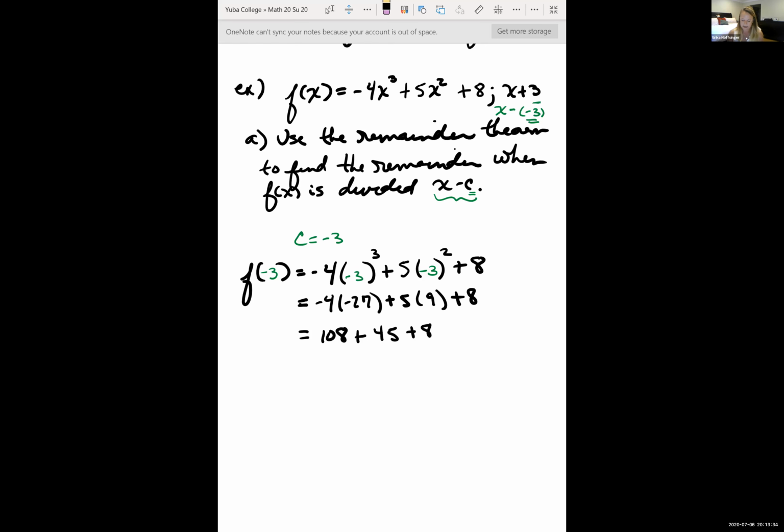So right now I can see that this is not equal to 0, but it wants the remainder. So 108 plus 45 plus 8 gives us 161. So we have our remainder, which we called r of x, equals 161.